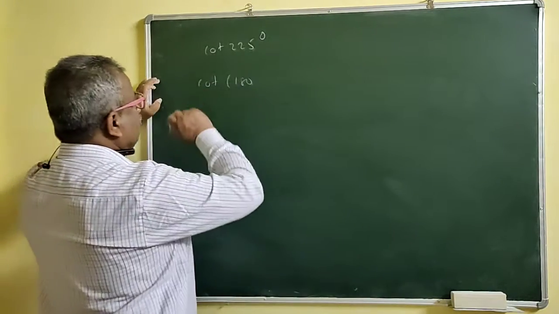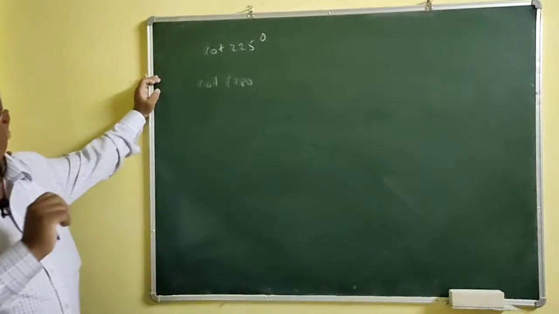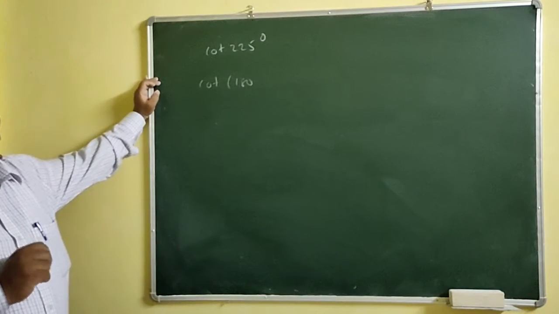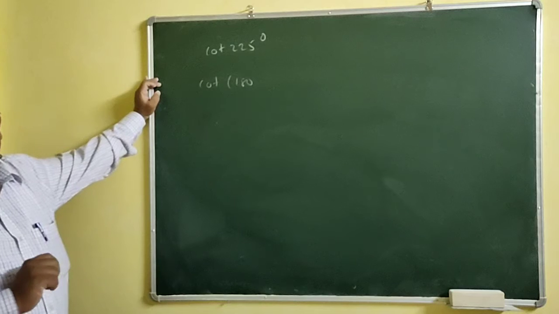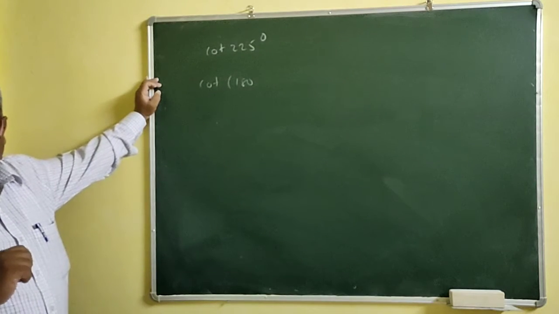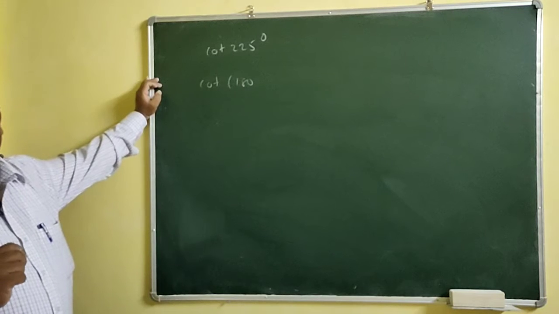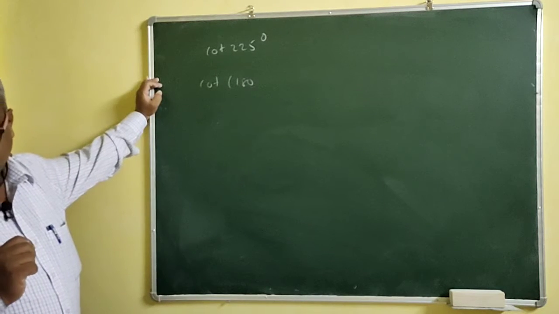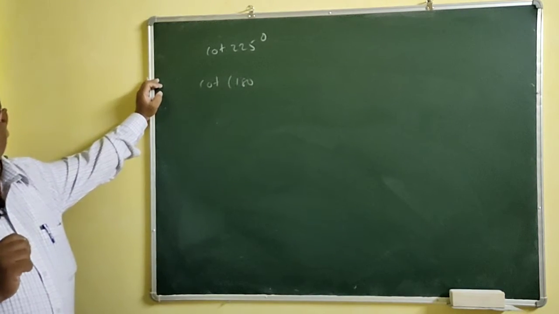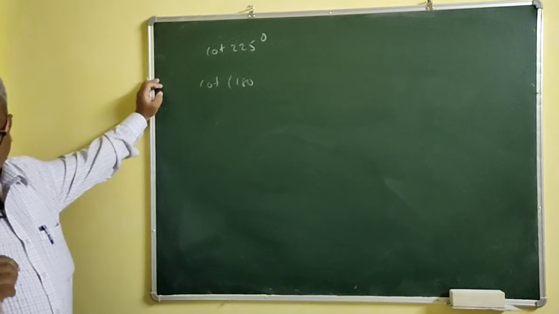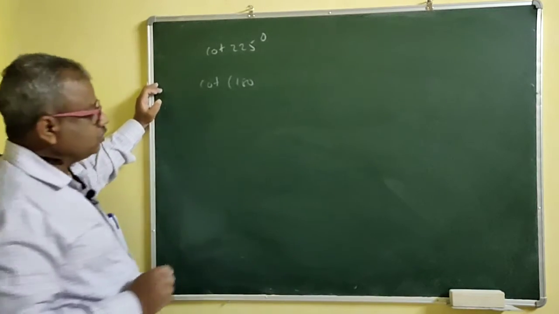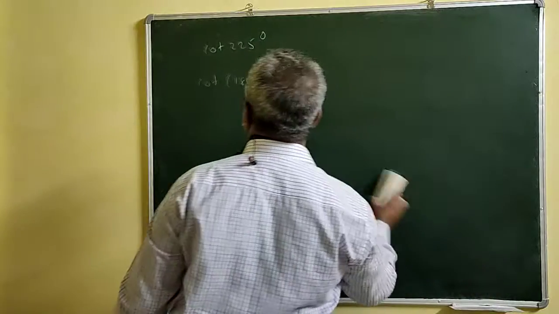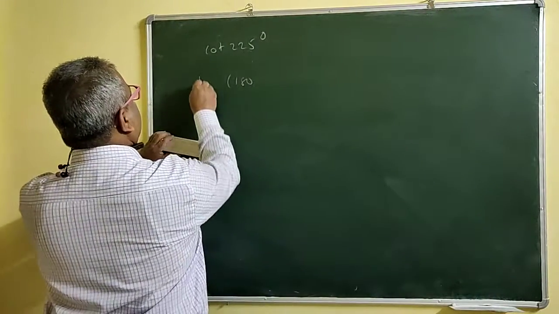Cot 180 does not exist because cot means cos upon sin. Cos pi is minus 1 but sin pi is 0. That means cot pi does not exist but tan pi exists, right? Tan pi by 2 does not exist but cot pi by 2 exists now. So remember that. We will find the value of tan first.